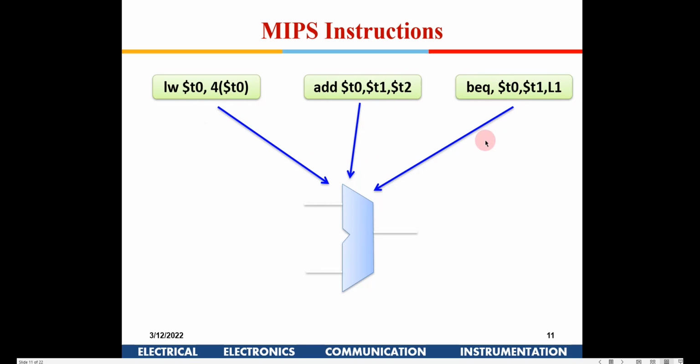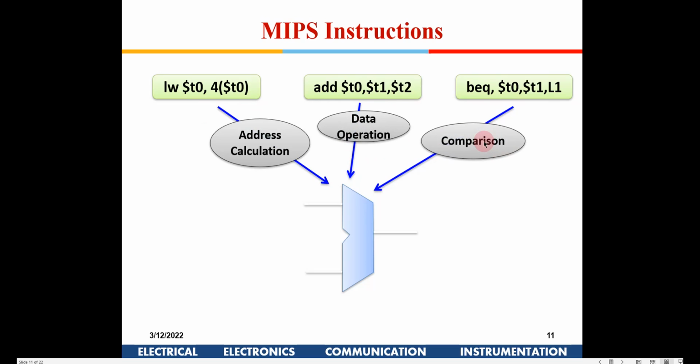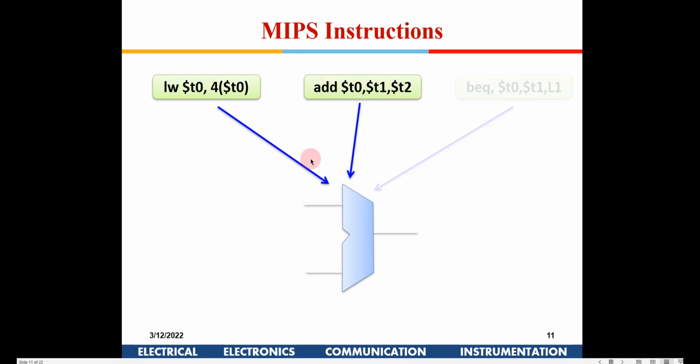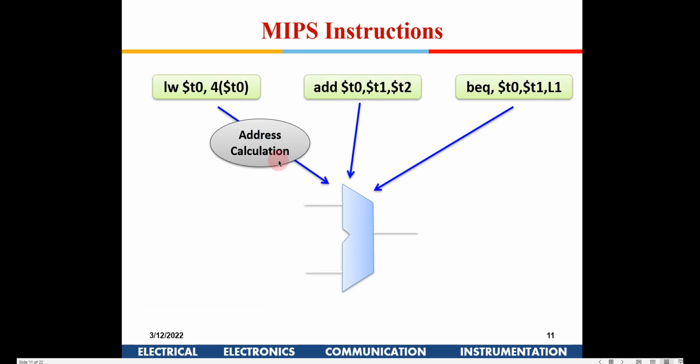What I wanted to show in this slide is that the CPU does these kinds of operations. One is address calculation. When I give a load command to the CPU, it does not itself load the data from the register to the memory. It only does the address calculation, and the data will be transferred from the register file.